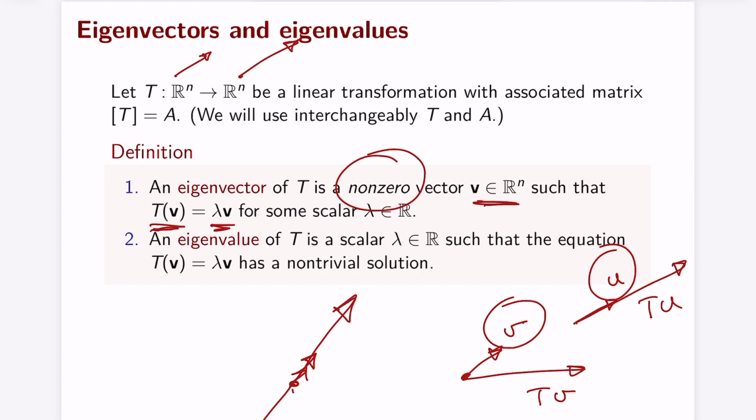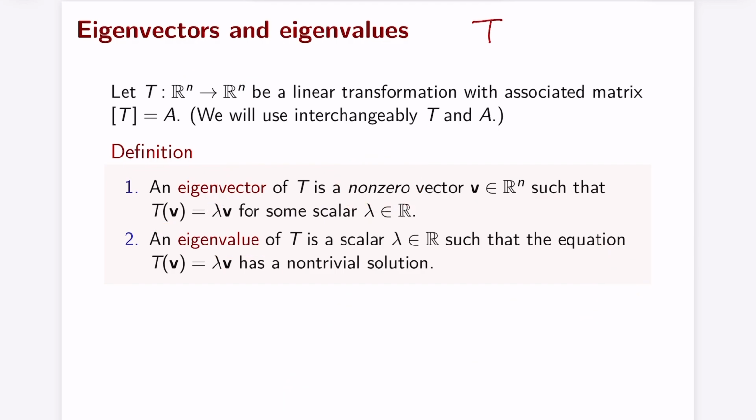And traditionally this multiple, if it's 3 times the vector, or 4 times, or 1/2, this scalar traditionally is called lambda. This letter is used for the eigenvalue. So the eigenvalue is the number that determines what multiple of the vector it is.